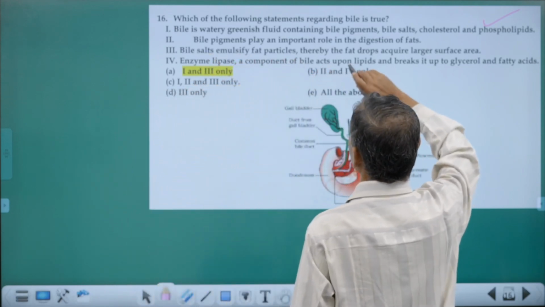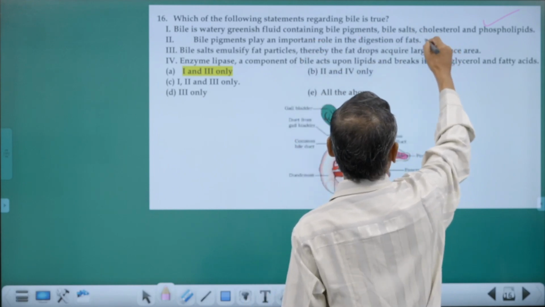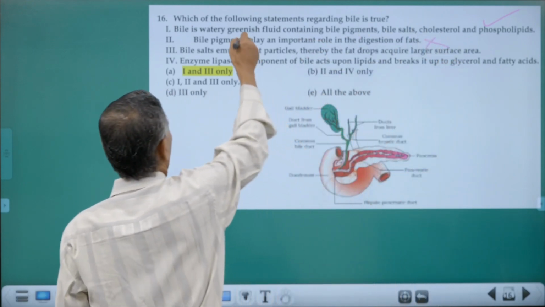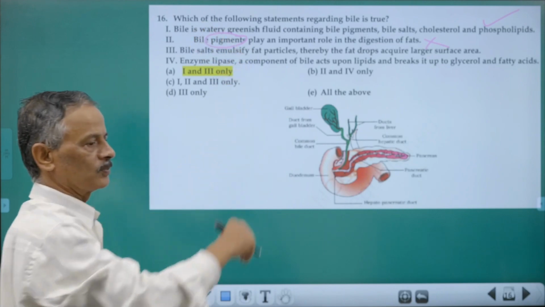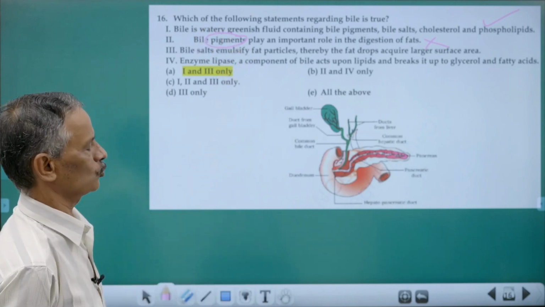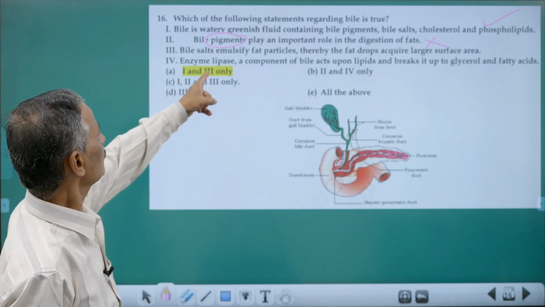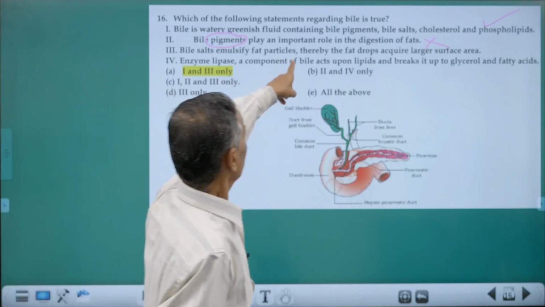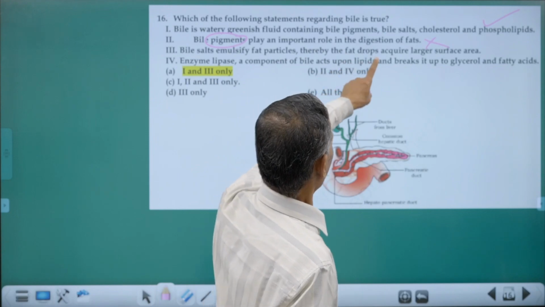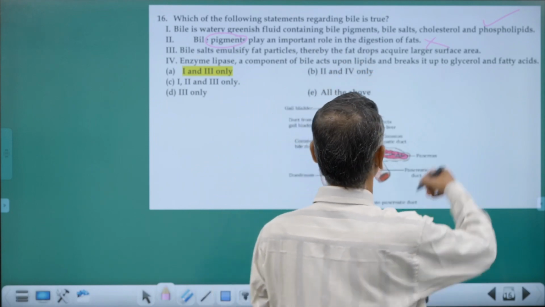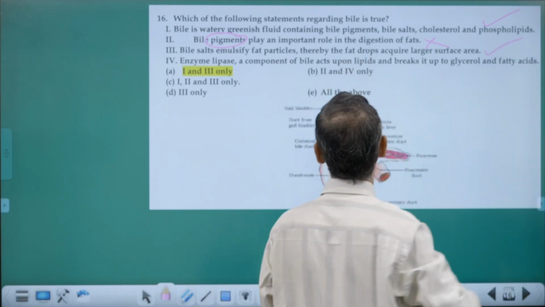See, bile pigments are not playing any role. It is bile salts, sodium taurocholate and glycocholate. Bile salts emulsify fat particles, thereby fat droplets acquire larger surface area. That's the main function. Correct.